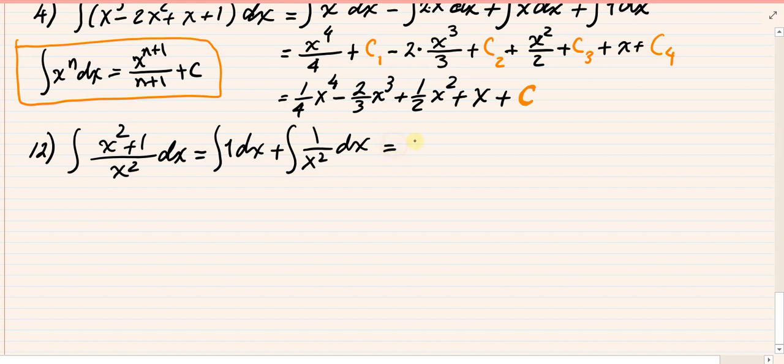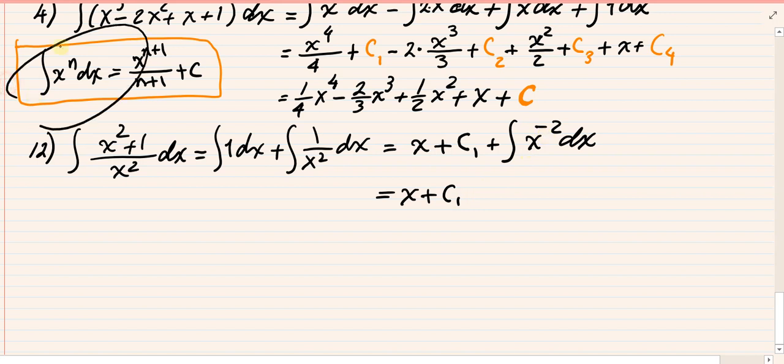Now, of course, the integral of 1 dx is just x. And remember, I'm going to hold off on the constant here. Or if you want, there you go, plus a constant. And let me rewrite 1 over x squared. Isn't that x to the negative 2 using the negative exponent rule? This will enable me to apply the power rule to it.